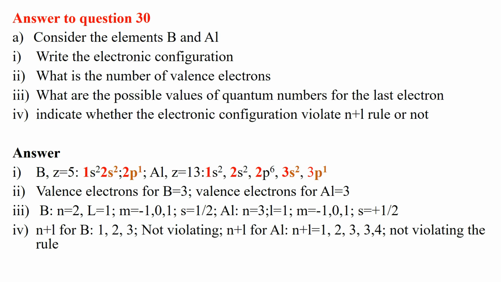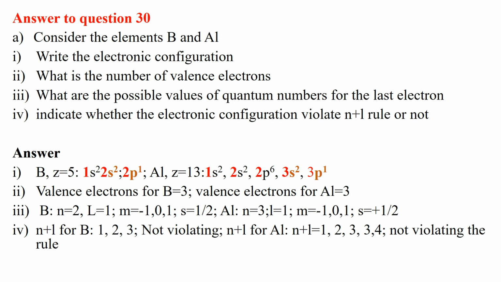Let's check for aluminium. For 1s, n plus l will be 1, because for s, l is equal to 0. Then 2s will be 2. For 2p, n is 2 and l is 1, so we have 3.